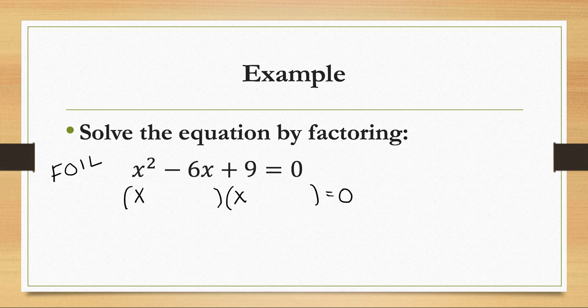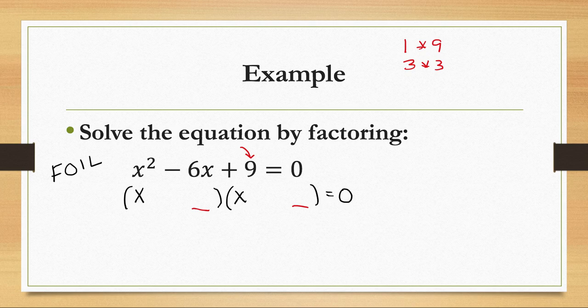The L in the FOIL stands for last. So what you want to remember here is that the terms that you put in the last positions of the parentheses need to multiply together to give you 9. So you want to think about how that can be done. We could multiply 1 times 9. We could also multiply 3 times 3.